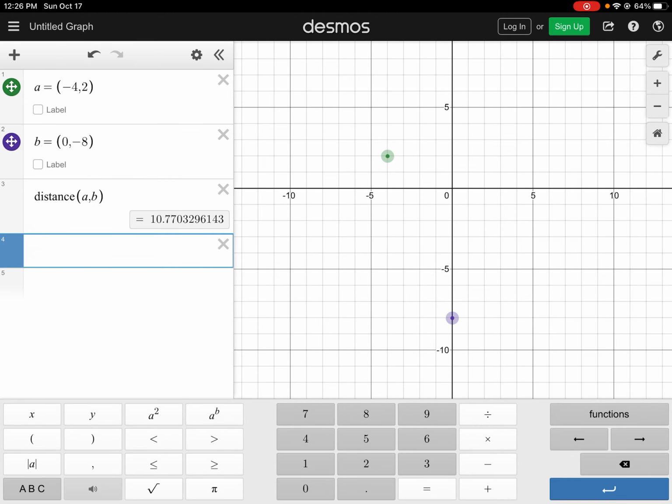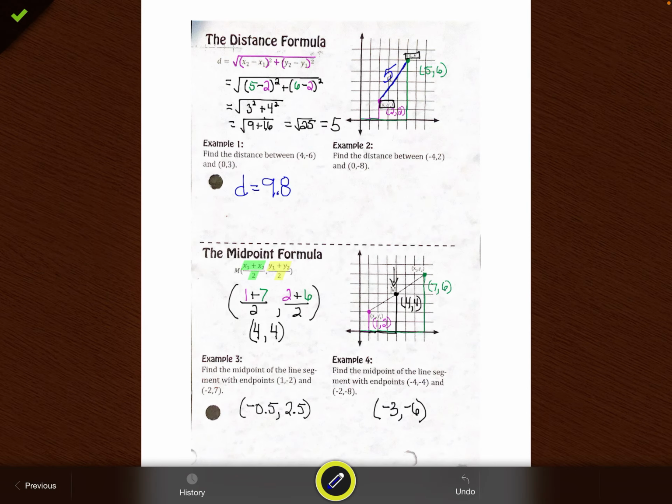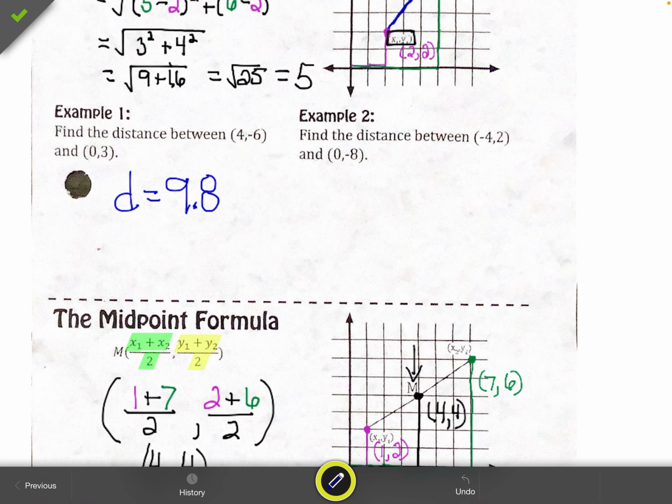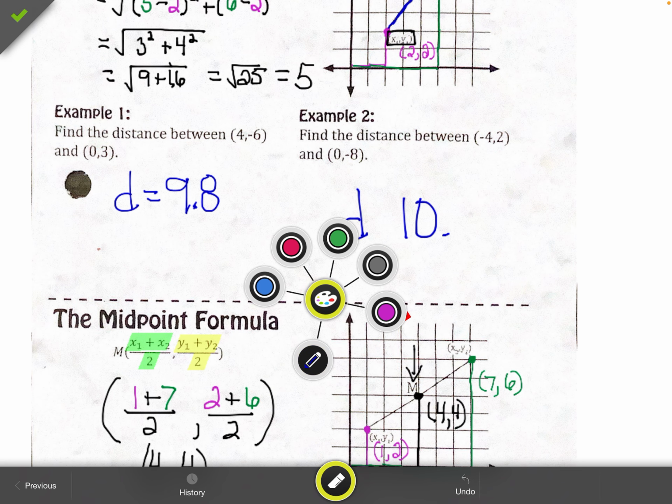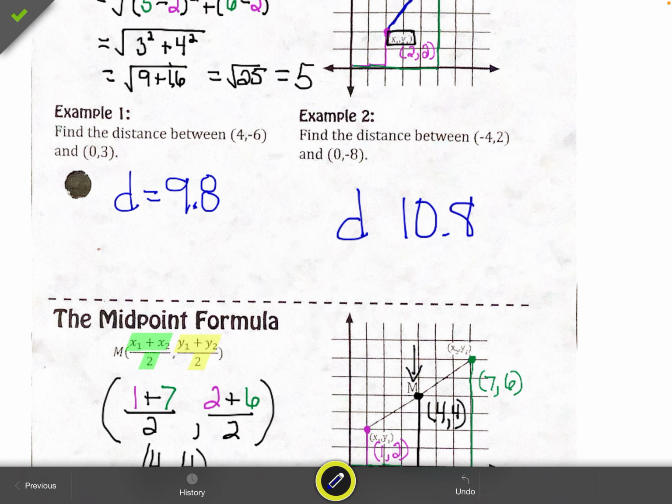Again, we're going to round that. Okay, so 10.77 is going to round to 10.8. Okay, so it's 10.8 units between those 2 points.